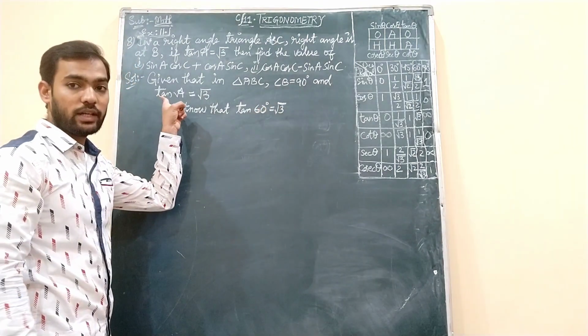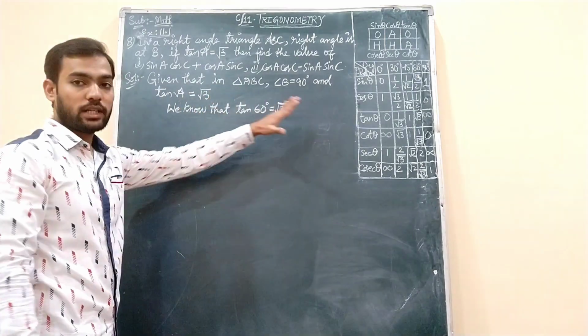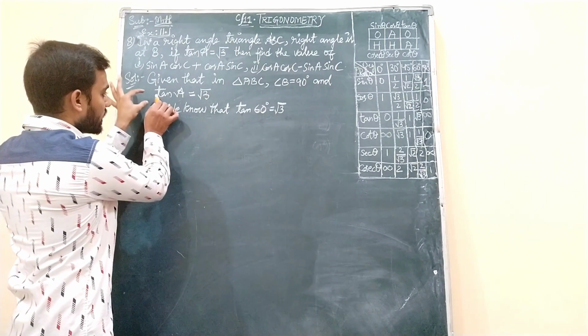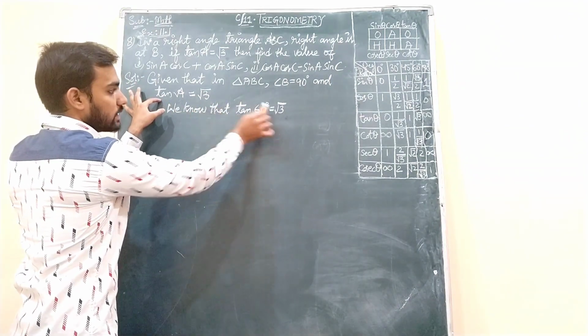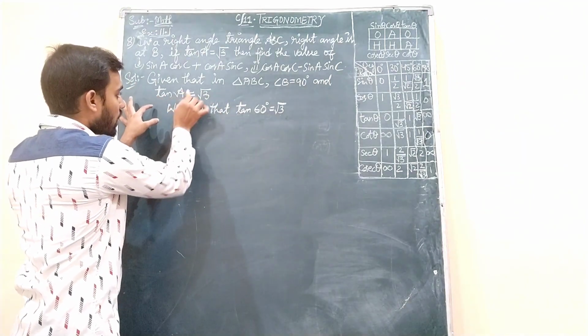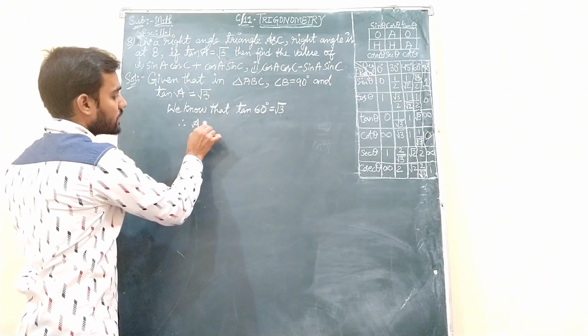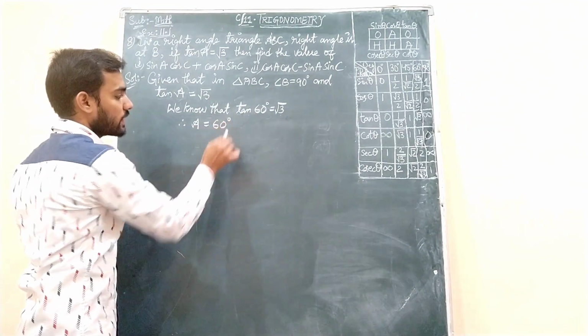See, in question it is given tan A equals root 3, but as per our table, tan 60 is root 3. It means that tan is same and this root 3 is also same. In place of A, we got 60 degree. Therefore, A is equal to 60 degree.